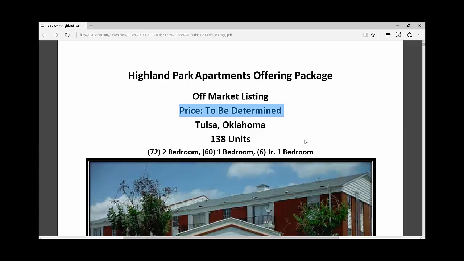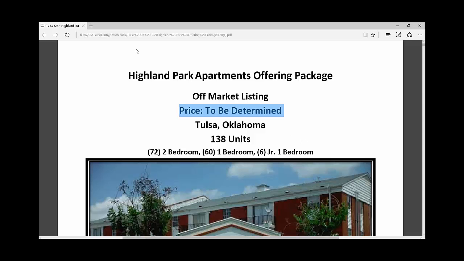If you don't know anything about Tulsa, you're just going to start analyzing deals, and you've got a deal that says priced to be determined, and you don't even know what the cap rate is, you're going to price this thing probably way out of line. The number won't look right, and the broker will either think he's got a live one on the wire, or that you don't know what you're talking about.